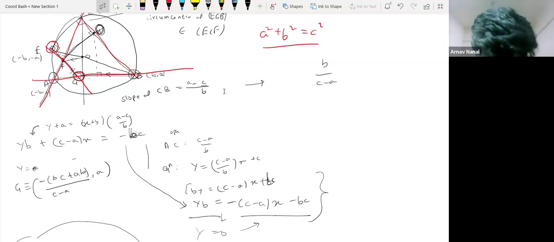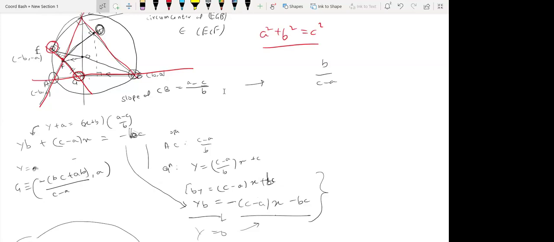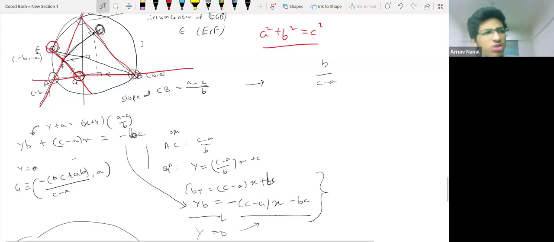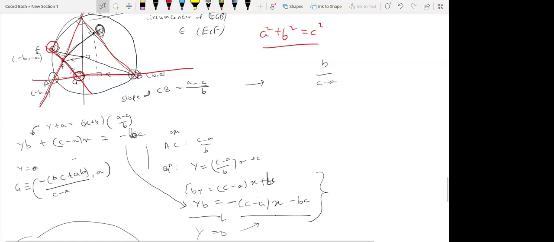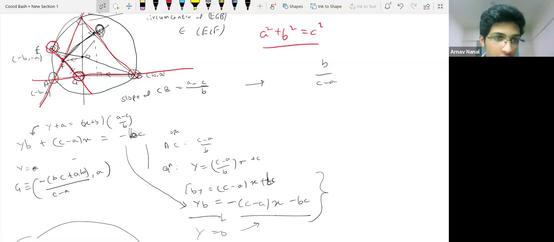We just need to prove that the perpendicular bisector of BE meets H. And O is just the midpoint of BE, so we can just calculate. Okay, sure. No, wait. But how will you then show that the point is the same as this H? I mean, how do you know that these 2 lines intersect on BC? They can intersect somewhere here, no?